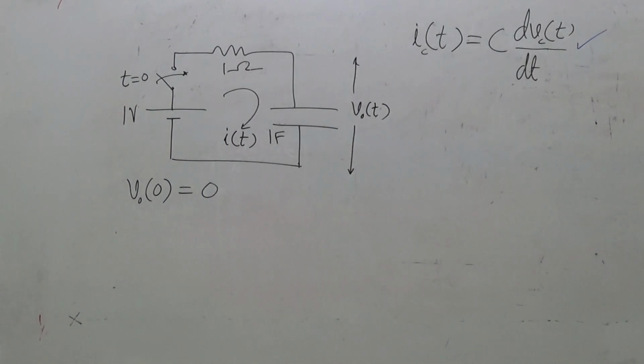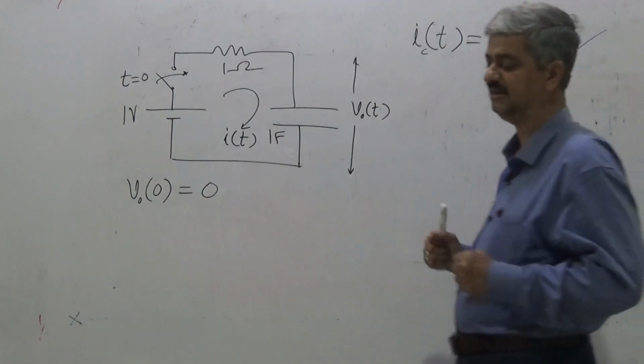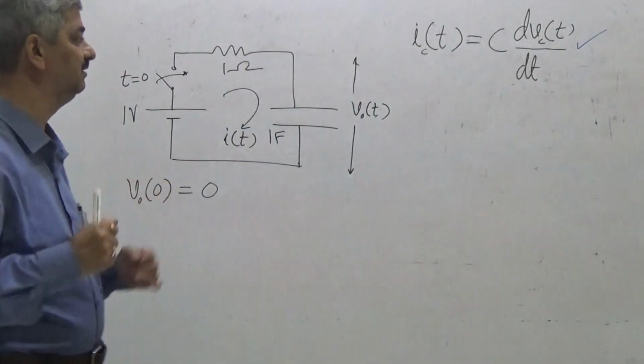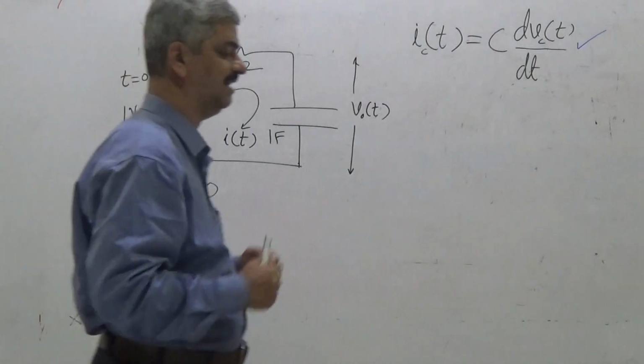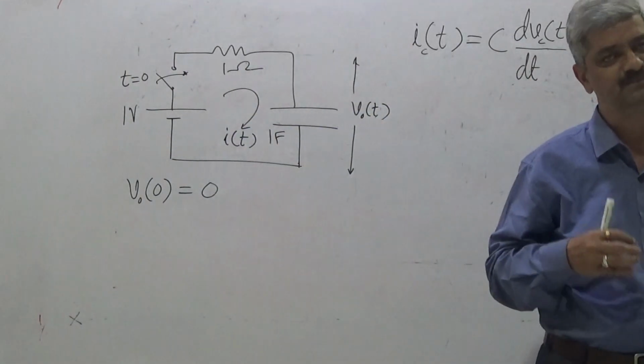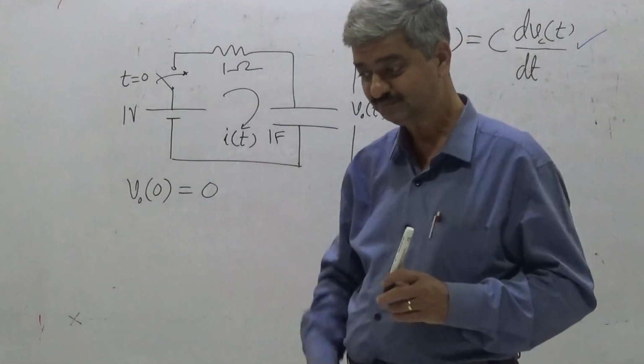So our target in the coming week is to be completely competent to solve all the problems which involve resistor, capacitor and voltage sources. Any combination one may go for, we must have a solution.